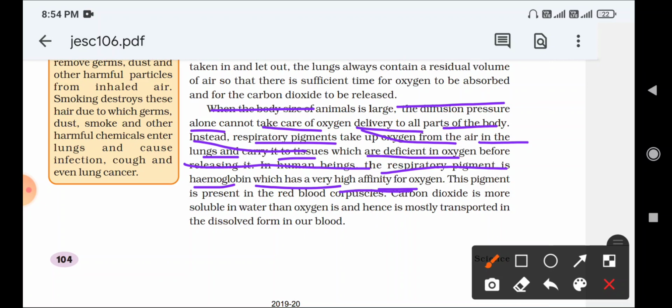This pigment is present in the red blood cells, RBC.